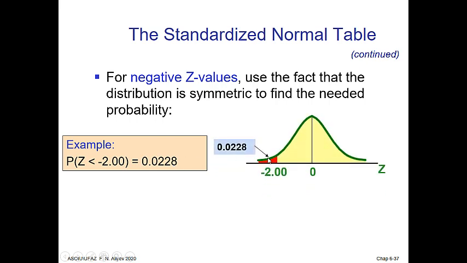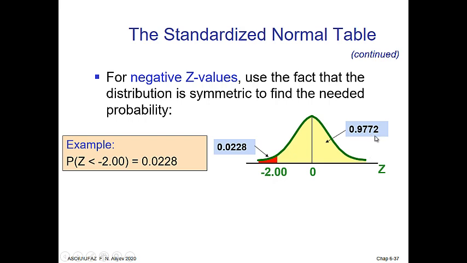It means that if this is the graph of the standardized normal distribution, this is its center, and -2 is here, the left side area from -2 is 0.0228. If you subtract this number from 1, of course the total area under the graph is 1, you obtain 0.9772.